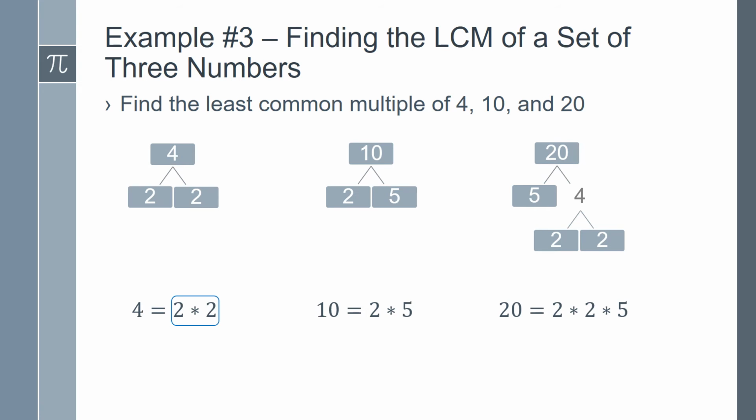Again, if there's a tie, we should only box it in one spot. So this time I chose to box it in the prime factorization for 10. These numbers inside of the box give us the prime factorization for our least common multiple. So 2 times 2 times 5 equals 20, which is the least common multiple of 4, 10, and 20.